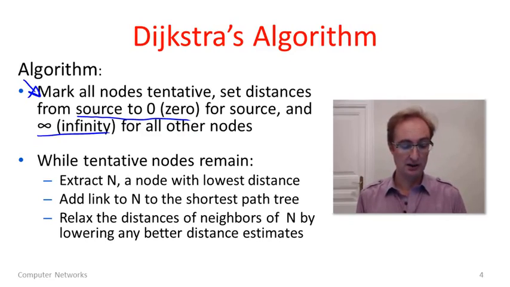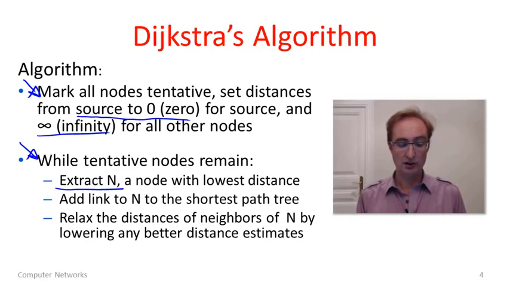And then we proceed in this main loop. This main loop says, while there are any nodes which are tentative, meaning the algorithm hasn't found how they fit into the source tree, we'll extract the node with the lowest distance that we know. We'll then add that node to the source tree by drawing a link from wherever it was used to get its current distance to the node.